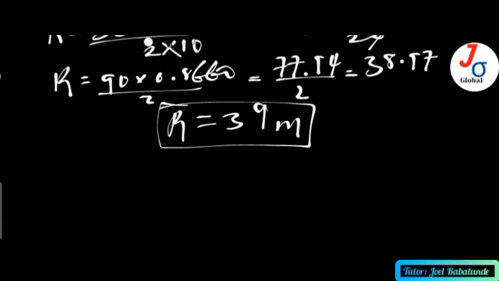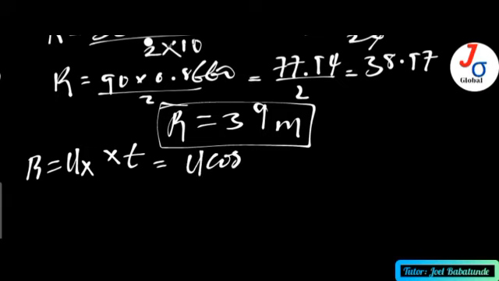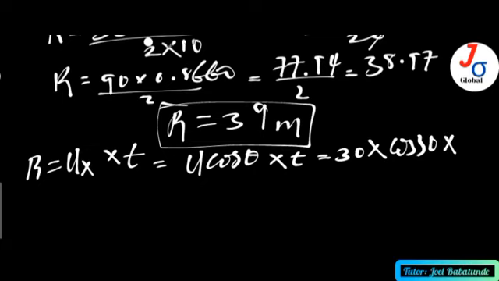So we're going to write this as R equals ux times t, and ux is u cos theta multiplied by t. So what's our u? Our u is 30 times cos 30 multiplied by, what's our t? Our t there is 3.5. We checked that earlier. 3.5.